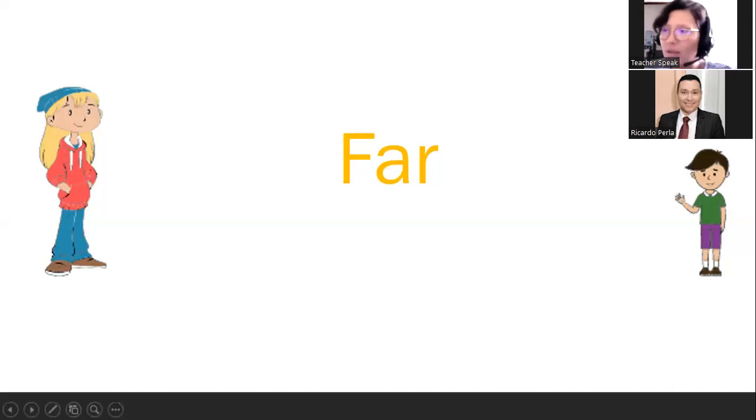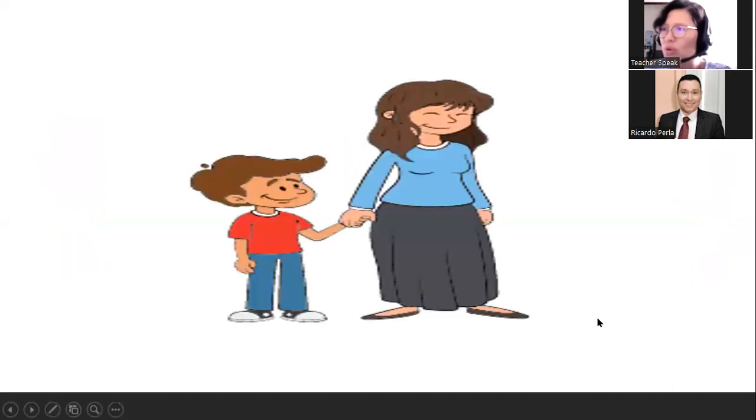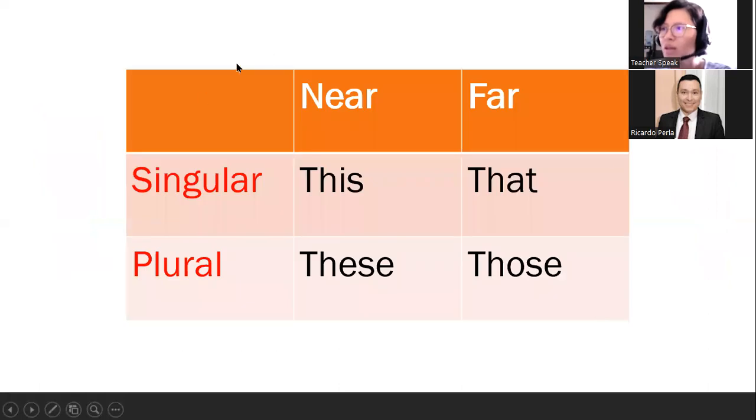So remember the examples. We have 4 different options, right? We have this, which is for singular and things that are close. That is for singular and things that are far, these is for plural, for things that are near, and those is for plural, for things that are far.